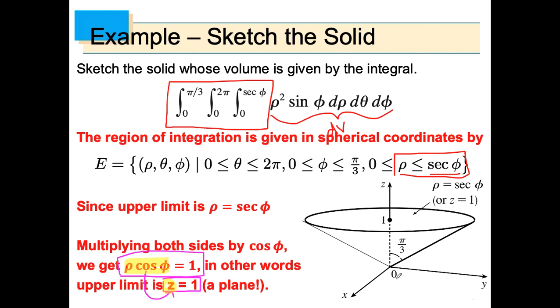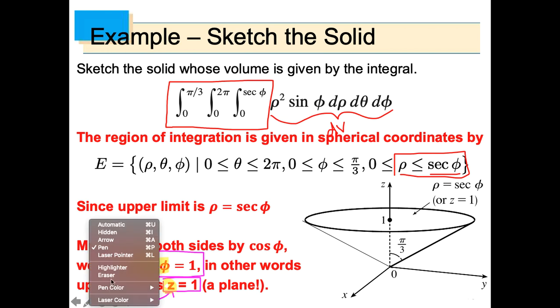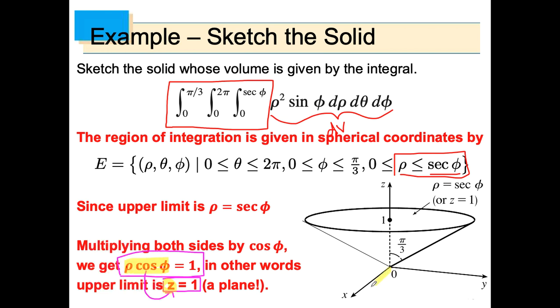What that means is that the angle starts at 0, which is the positive x-axis, and theta is allowed to rotate all the way around and back to the original positive x direction.